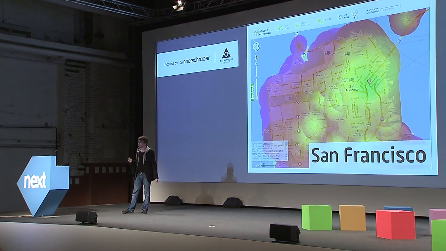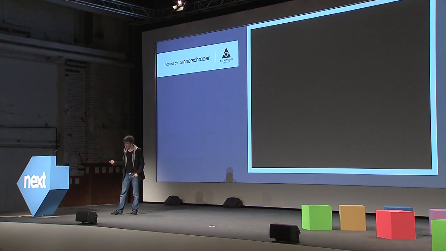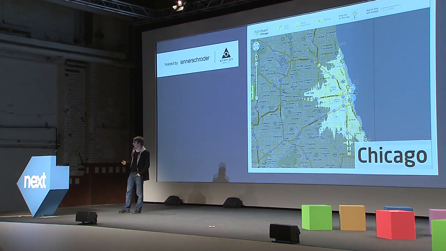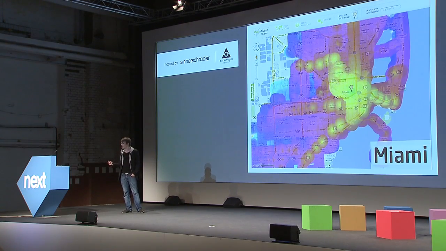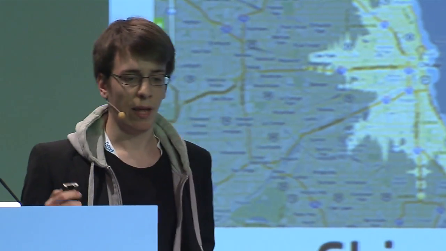But Berlin, London, well, that's not enough. I built one for San Francisco, for Washington, D.C., for New York, for Los Angeles, for Chicago, for Miami, for Vancouver. The data is just there. You just need to plug it into the application. And then there's some more data that I put in there.